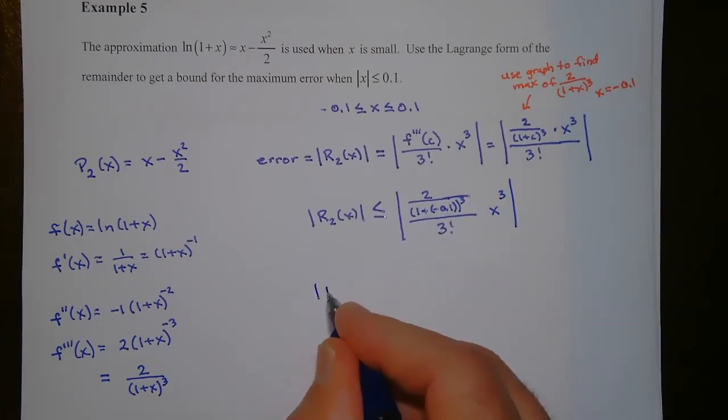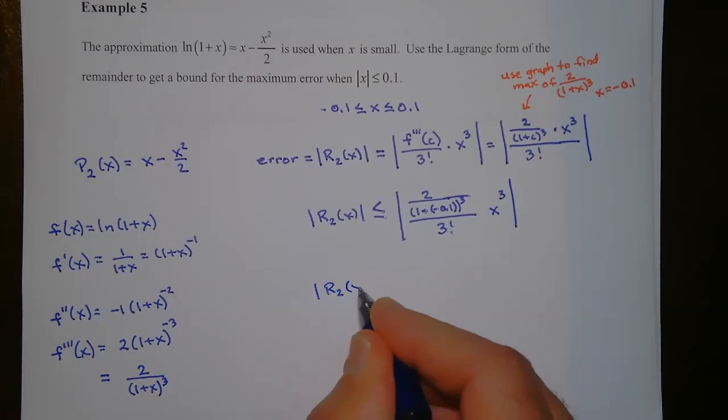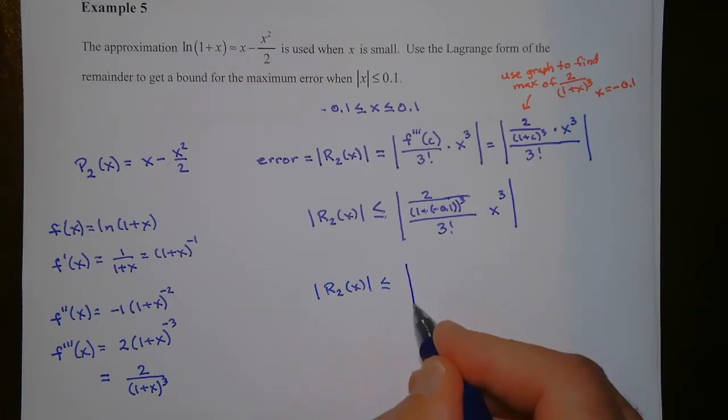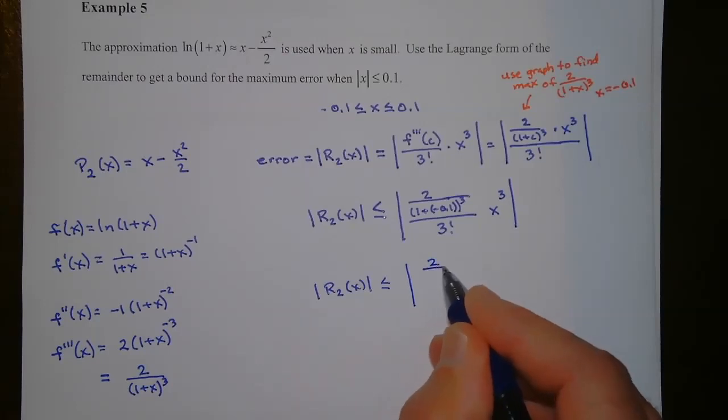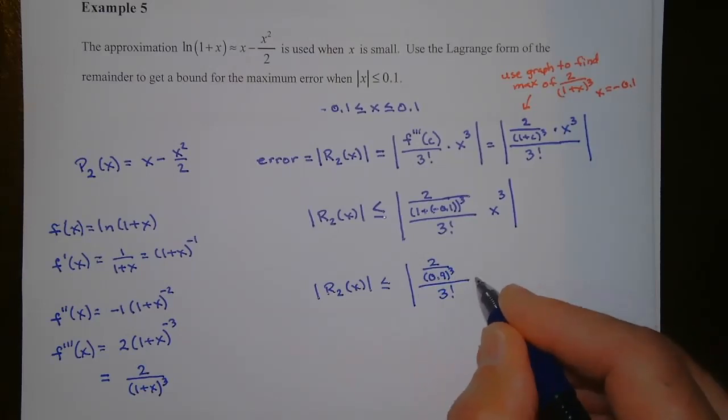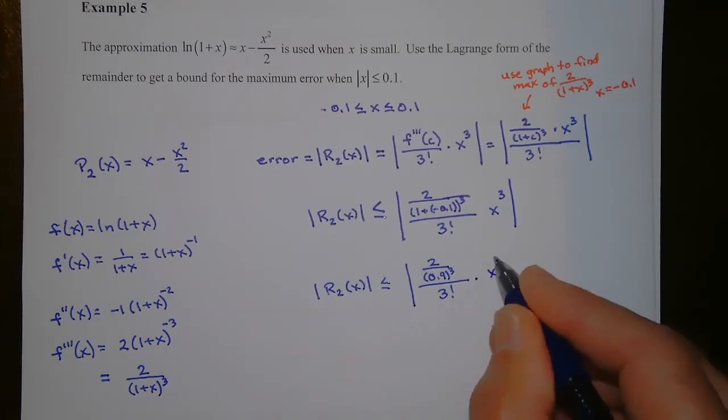So I know my error is less than or equal to the absolute value of 2 over 0.9 cubed, all over 3 factorial, times x cubed.